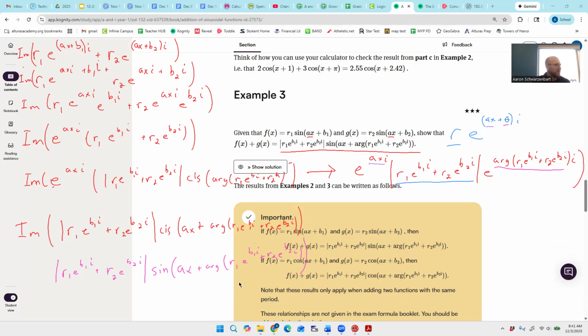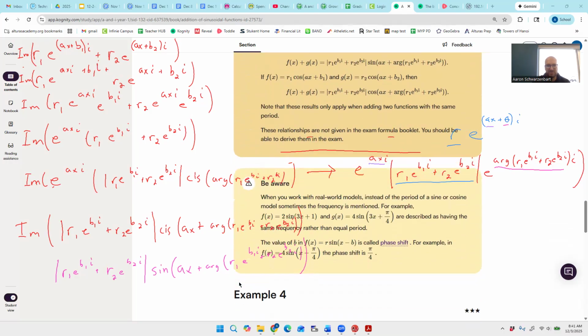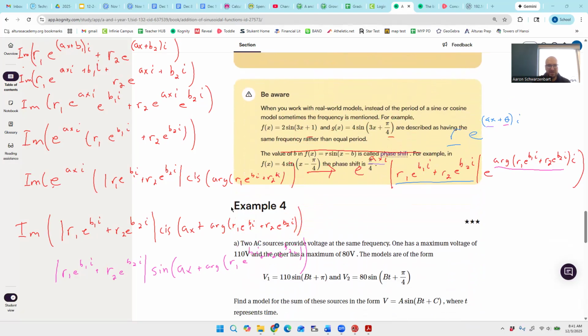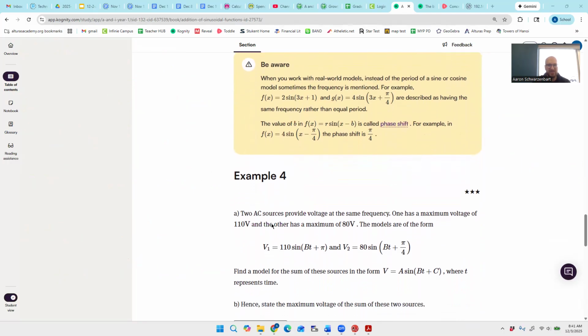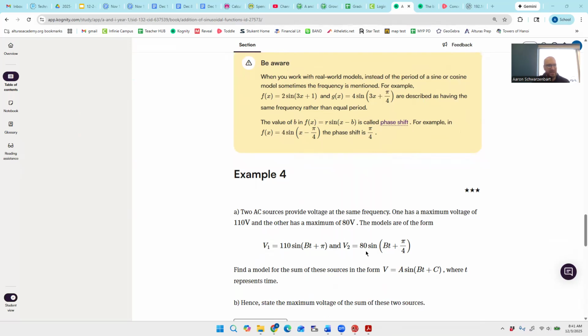Okay, I'm going to do an example with numbers, and then we're done. So I have these two AC voltage sources. One is 110 volts, the other 80. Do you see how that shows up on this? Yep, 110 and 80.